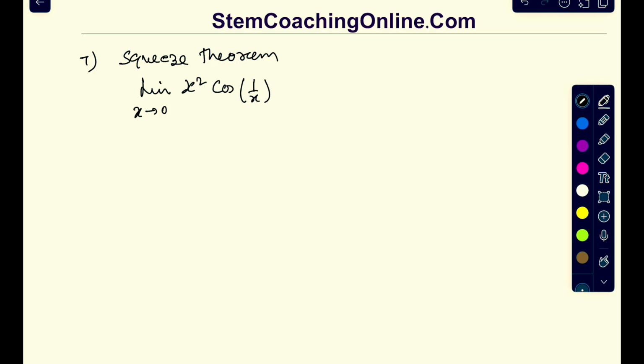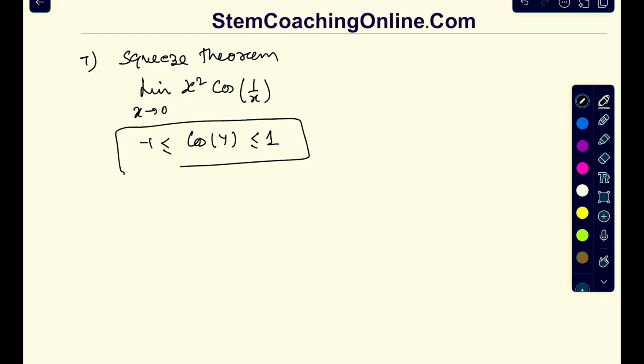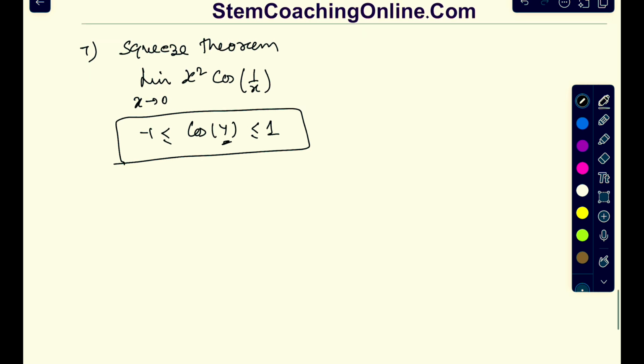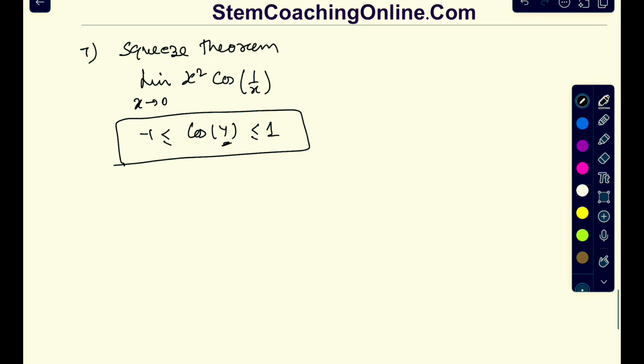Maybe. Let's see. For any given cosine value, cosine of y is always less than or equal to 1, and negative 1 is less than or equal to this. It doesn't matter what the value inside is, right? Now, with that information in place, can we rewrite our expression?